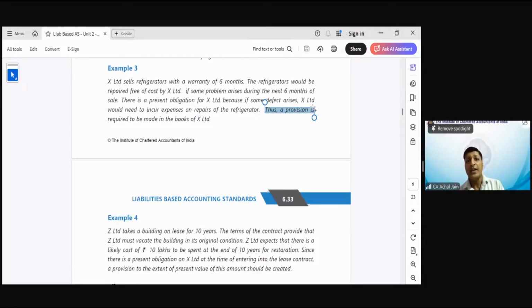For a liability, it has one feature: present obligation. The moment you say that present obligation results in an outflow which is also probable, that's where you provide it. Otherwise, you don't provide it. But we are just trying to understand the meaning of that present obligation. That's the thought process.